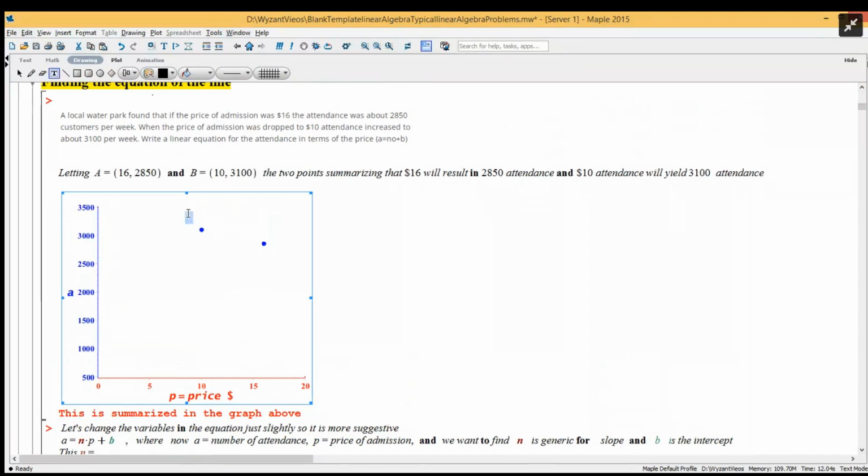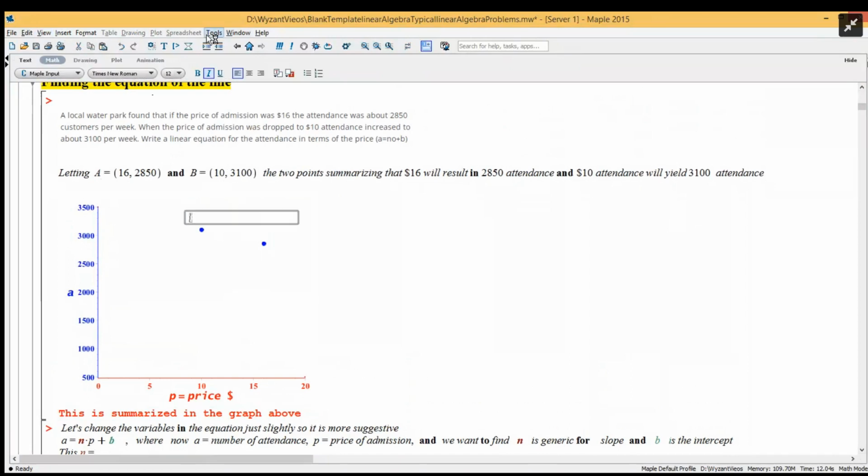Once we label that, we see that what we're trying to find is basically the line that connects those 2 points, right? So B is 10, 3,100, and A here is going to be 16 and 2,850. That's it.